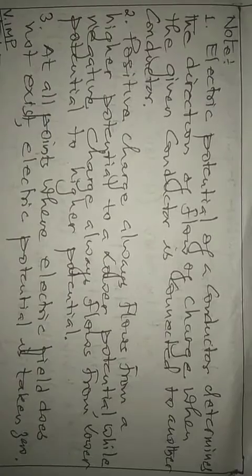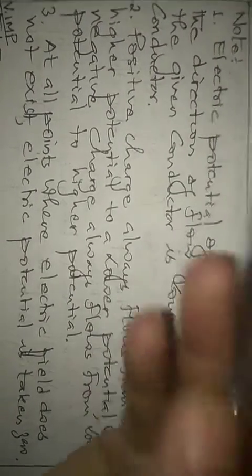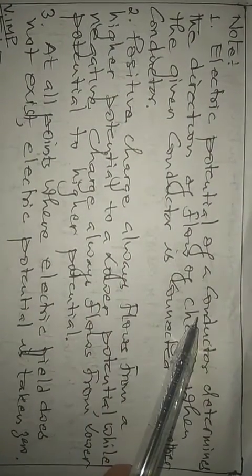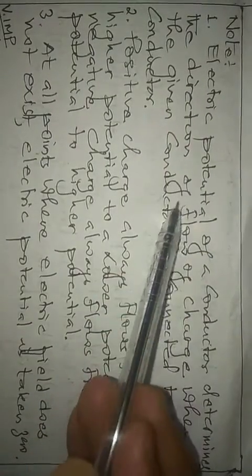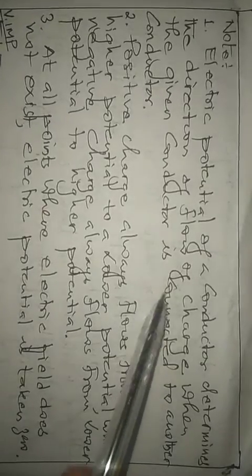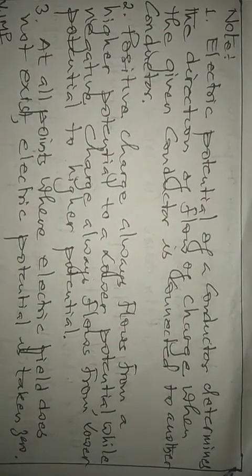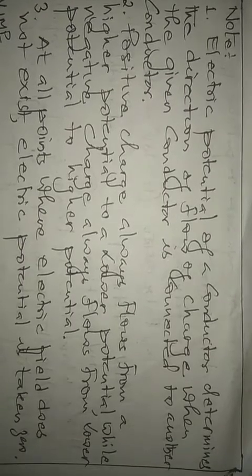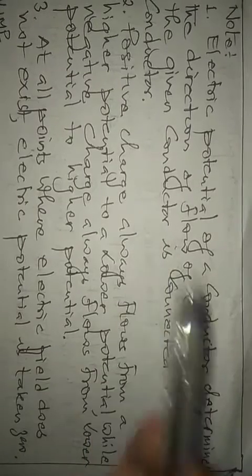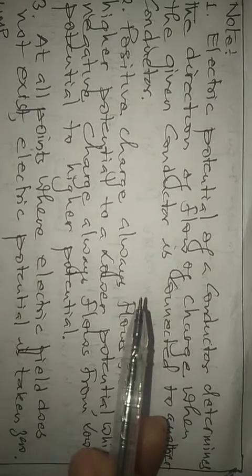Now let me discuss some important points regarding potential and potential difference. One point is that the electric potential of a conductor determines the direction of flow of charge when the given conductor is connected to another conductor. If you connect a conductor with the help of a battery or cell, then definitely charge flows from one point to another.